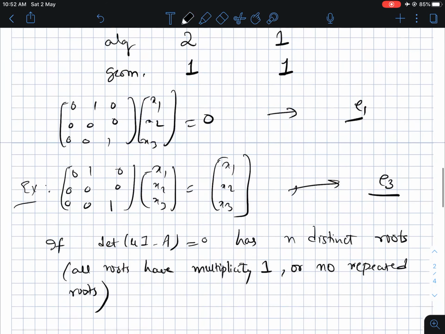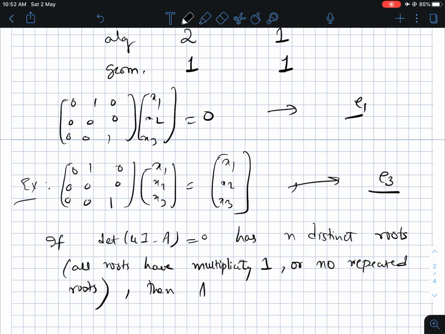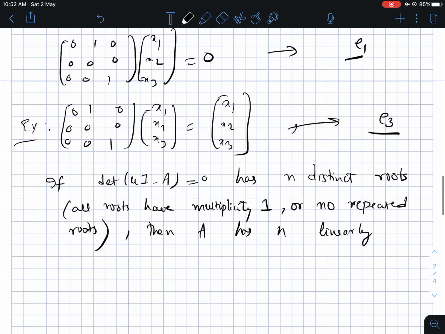Then A has n linearly independent eigenvectors.